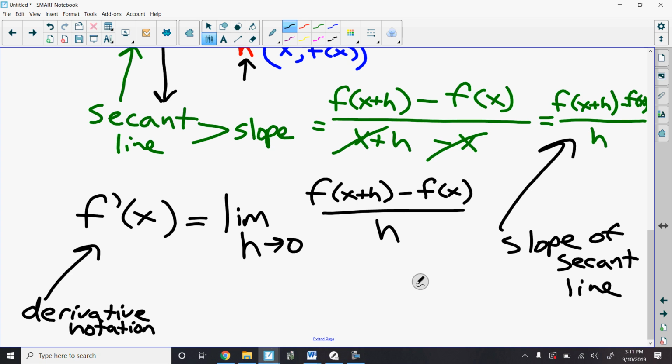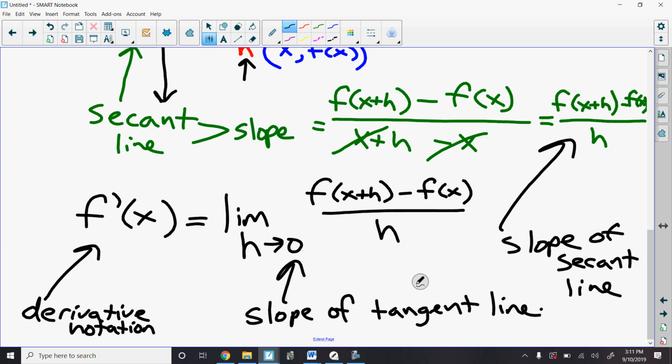But shrinking h to 0, letting the limit as h go to 0, gives us the slope of the tangent line. So executing this limit will give us a function for the derivative of f. And then we can plug into that function and find the instantaneous rate of change, or the slope of the tangent line at any point on a curved function that we have.